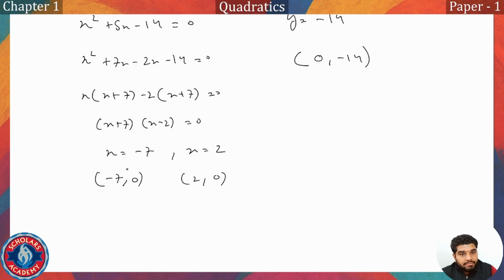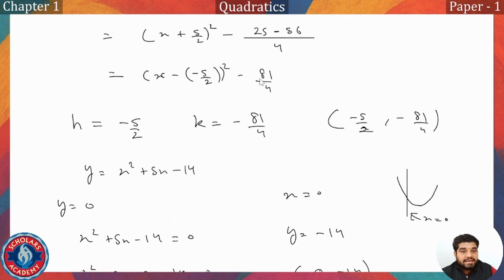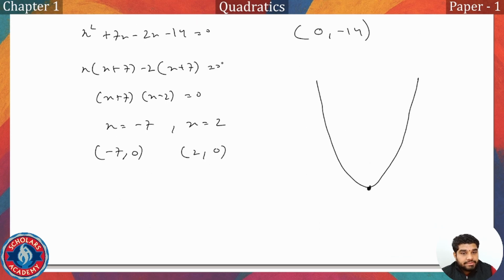Now if we try and plot this, we have a point of minimum value. So that particular point over here is negative 5 by 2 and negative 81 by 4. So negative 5 by 2 is negative 1.25 and negative 81 by 4 is negative 20.25. So these are the points of the vertex, and the intersecting points with the x-axis are x is equal to negative 7 and x is equal to 2.